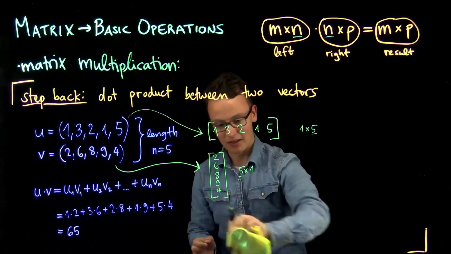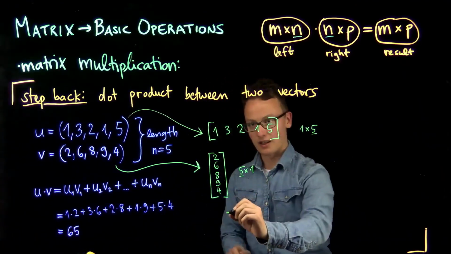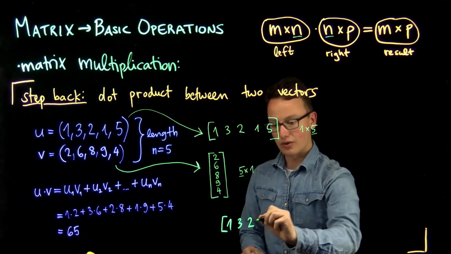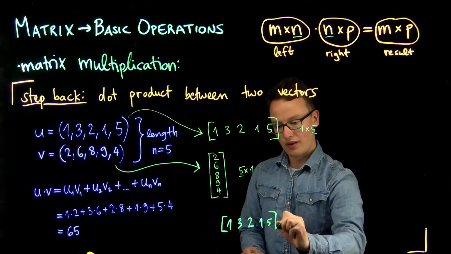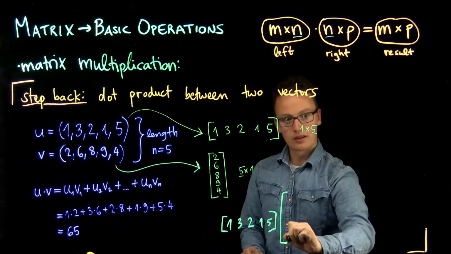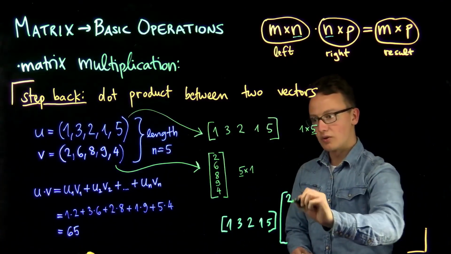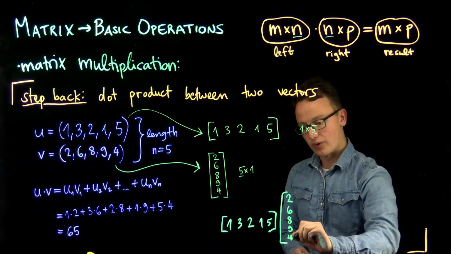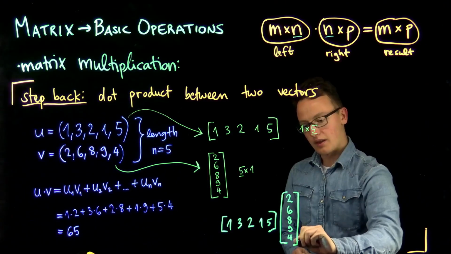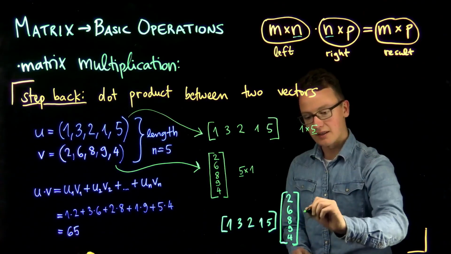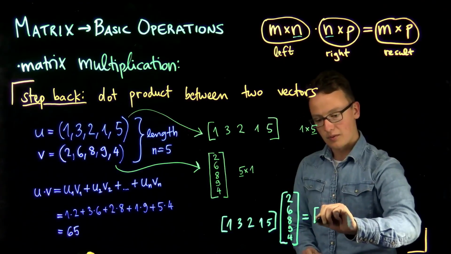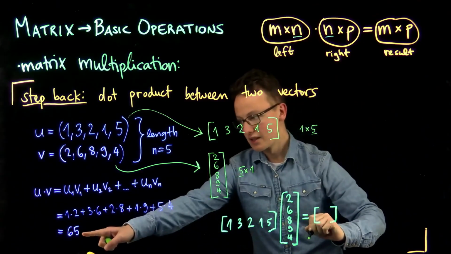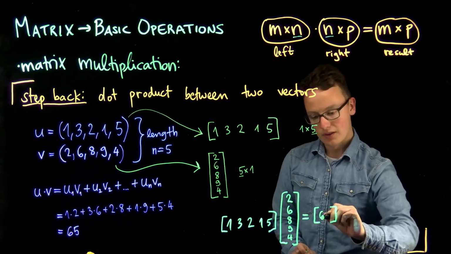So just writing this out explicitly, we could say that the matrix multiplication, let me make this a little bit smaller. If we do 1, 3, 2, 1, 5, multiplied with 2, 6, 8, 9, and 4, then this will give us as a result the matrix with just a single row and a single column that contains exactly this value.